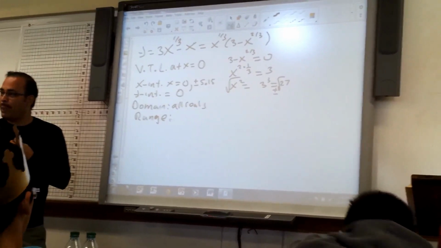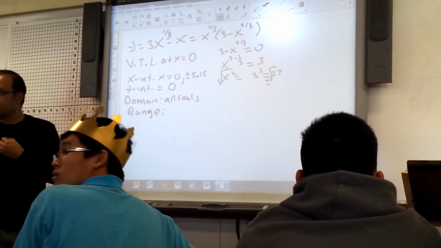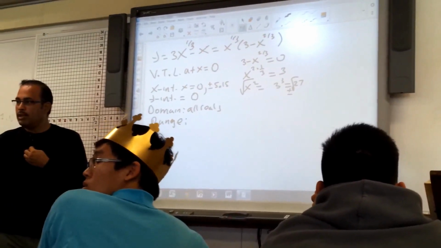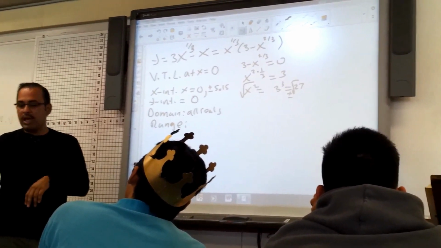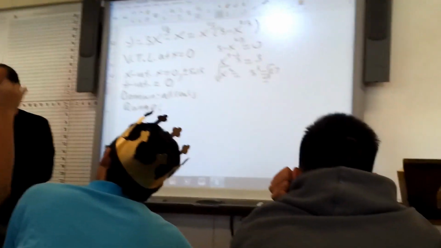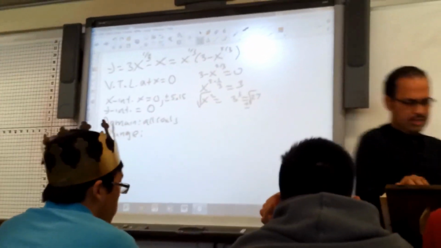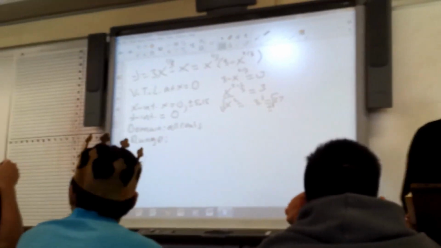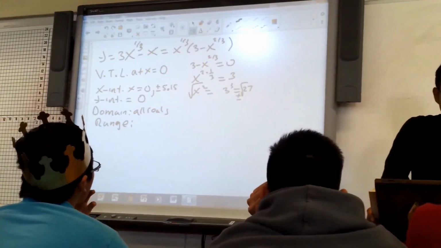When we're taking the quiz, are you going to ask us to find the domain and range, or are we doing it for our own benefit? It's going to be part of the graph. Yes, I'm going to ask you to state the domain and the range. Does the homework ask you to do that? No. I know, but it's an extra thing to do. Well, how do you visualize the graph?